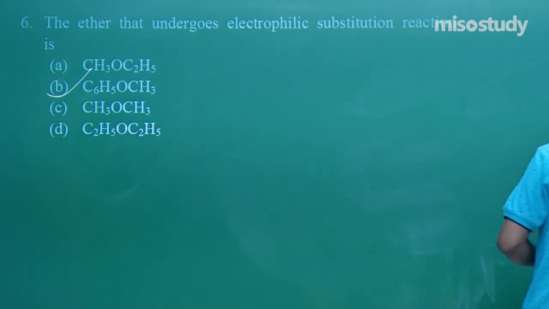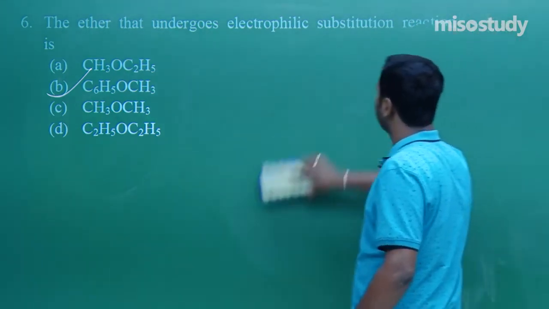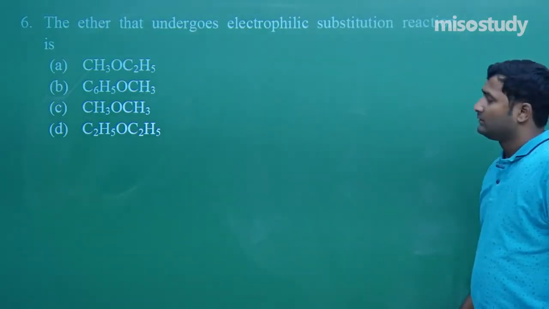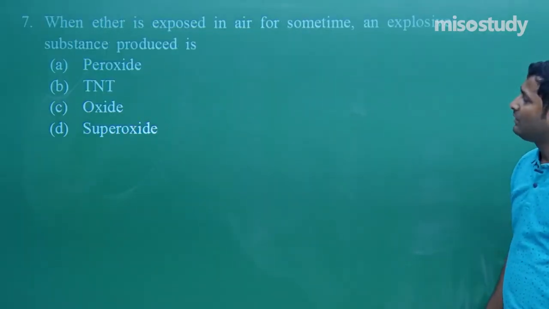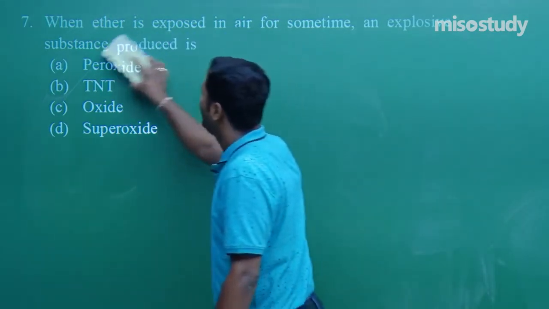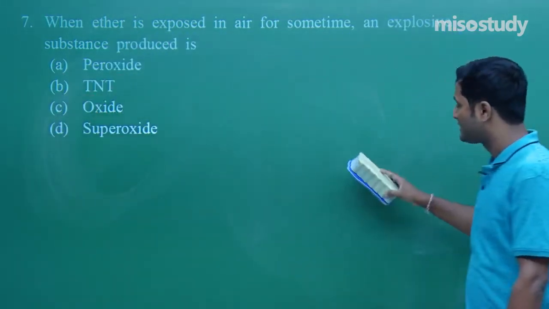The next question is question number 7. When ether is exposed to air for some time, an explosive substance is produced.